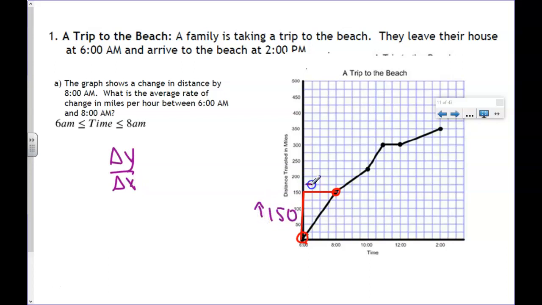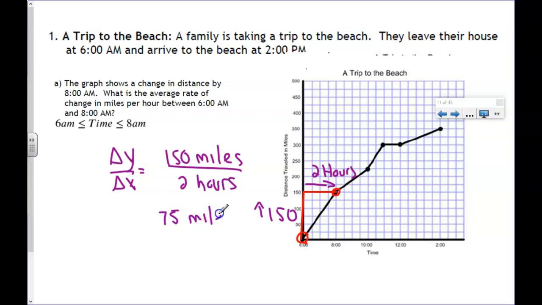And then we are going across 2 hours. So it appears that we are going 150 miles in 2 hours. So the average rate of change during this course of time is 75 miles per hour. That's how fast they are going over that 2-hour interval.